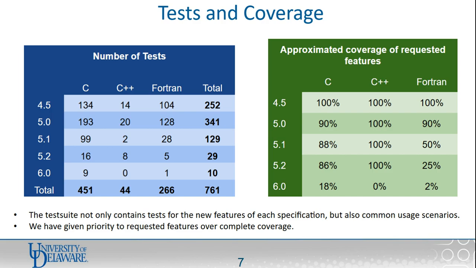We measure test coverage by counting tests written for each of the three languages, which is C, C++, and Fortran, that is supported by OpenMP. Coverage is highest for 4.5, as this is the oldest version, but in general, coverage is steady throughout the respective versions until the latest, which is 6.0. We prioritized new features for testing.